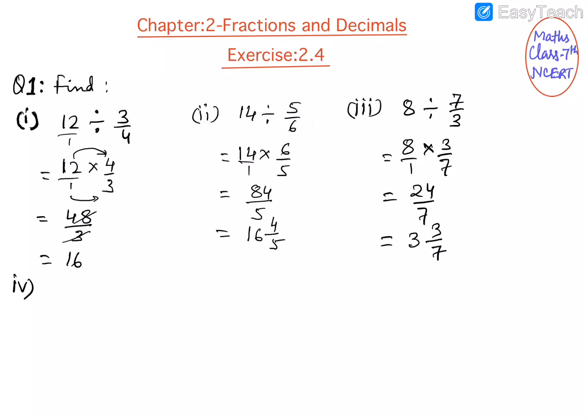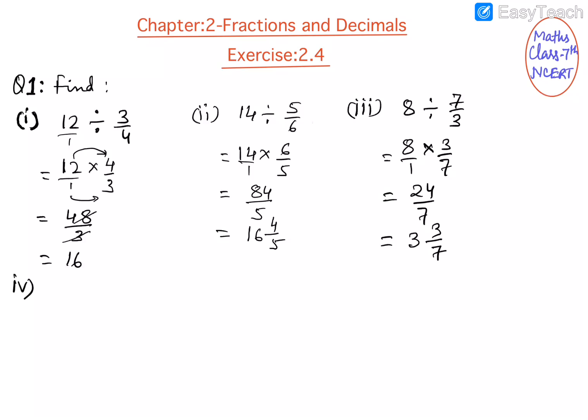In the same way, 14 divided by 5 by 6 becomes 14 into 6 by 5. This is the reciprocal of 5 by 6. Now multiply the numerators and denominators. 14 sixes are 84 and 5 ones are 5. We get an improper fraction which can be changed into a mixed fraction as 16 4 by 5.